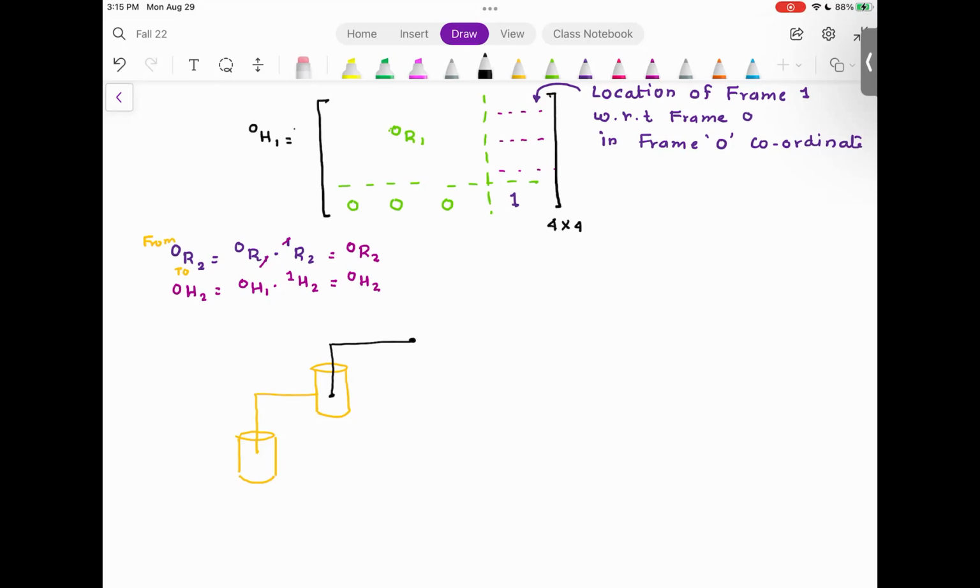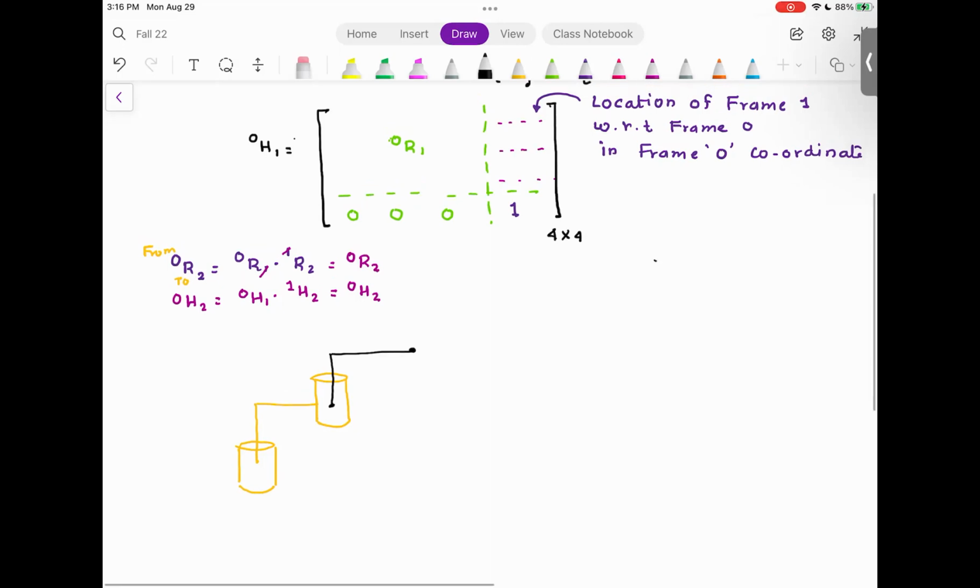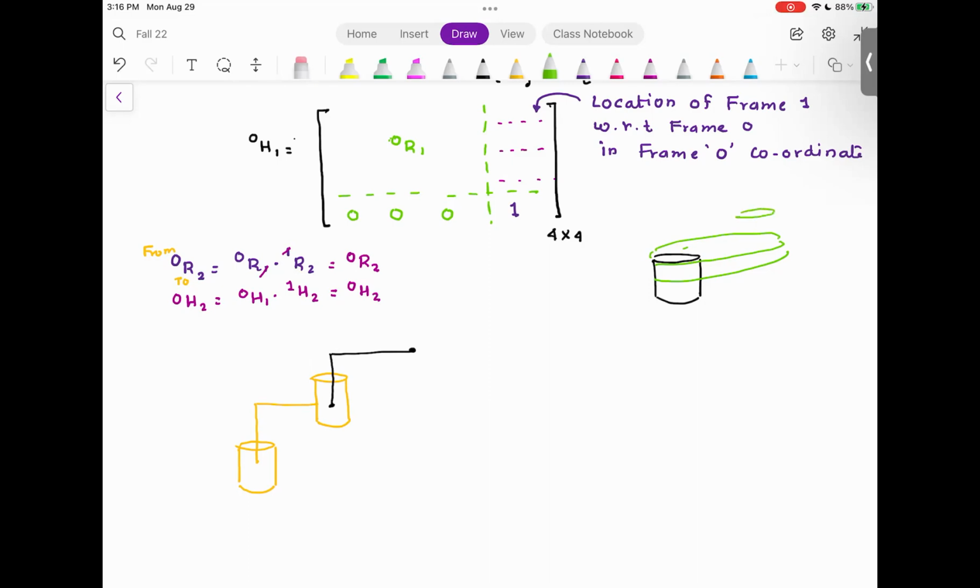In case you are wondering, this is the same problem that we tried to solve in the last class. So basically we have a link, and then we have another joint. Think about it like I have a motor here, a motor here, and another link over here.